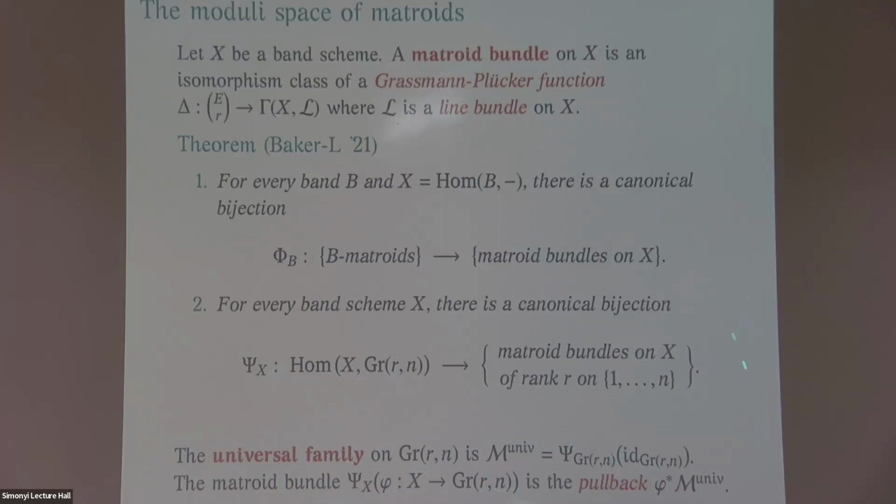This just follows from abstract nonsense, but it's the usual thing. If you have a fine moduli space, you have a universal family, and every other family is a pullback from this universal family. So this works neatly in this context. So it's quite satisfactory from this algebraic geometry perspective.